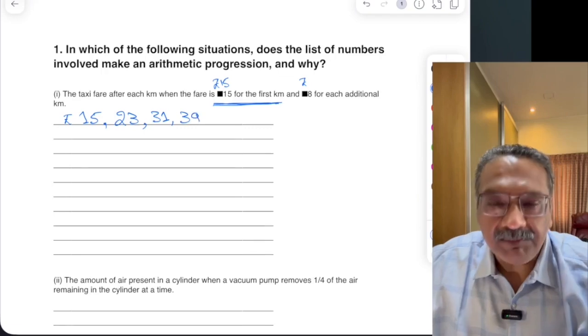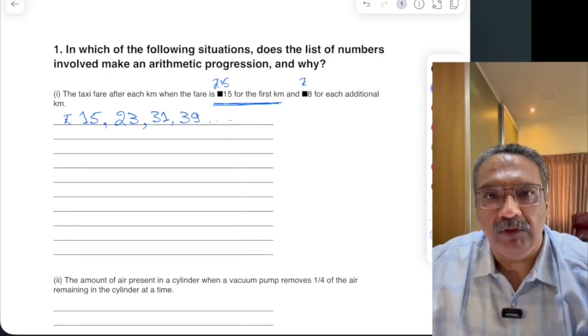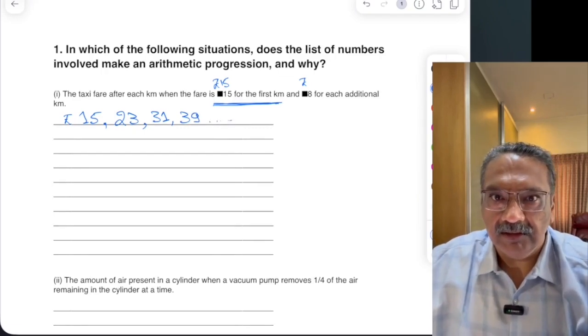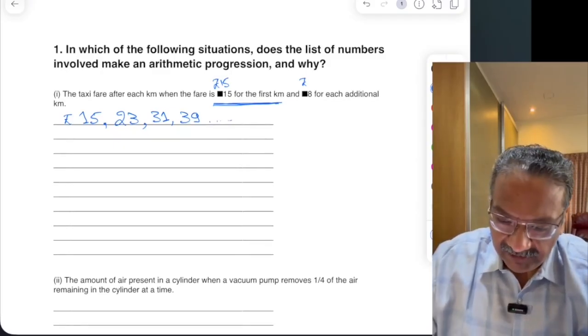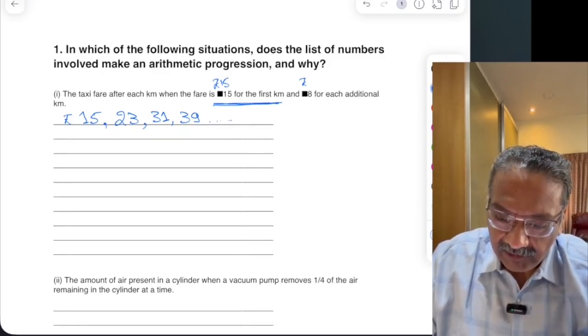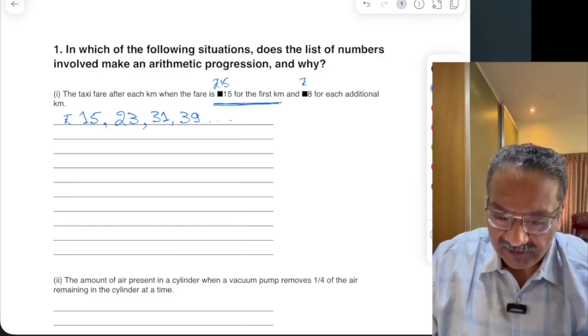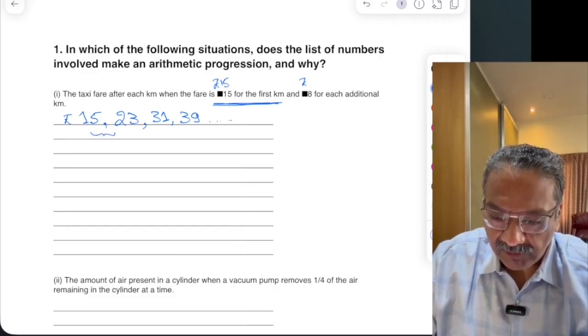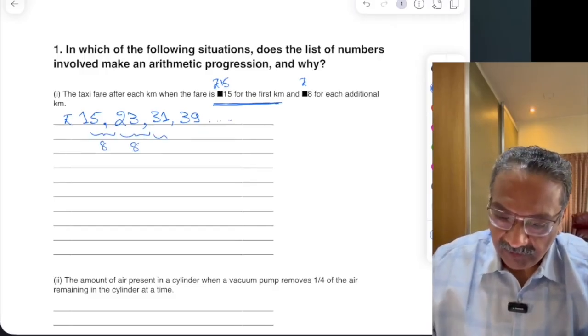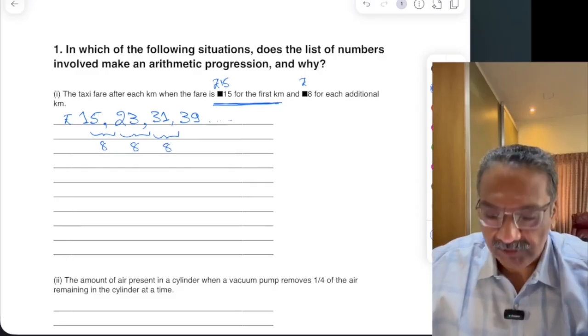Now, does this follow the rules of the arithmetic progression? Here the common difference is 8. You can see the difference between second term and first term is 8, and from second term to third term is also 8, and 3 to 4 is also 8. So, this follows the arithmetic progression.